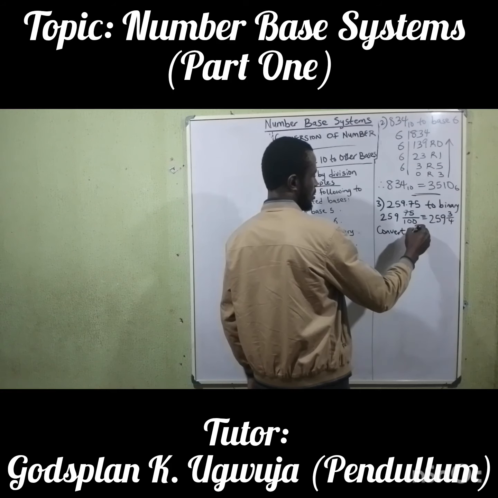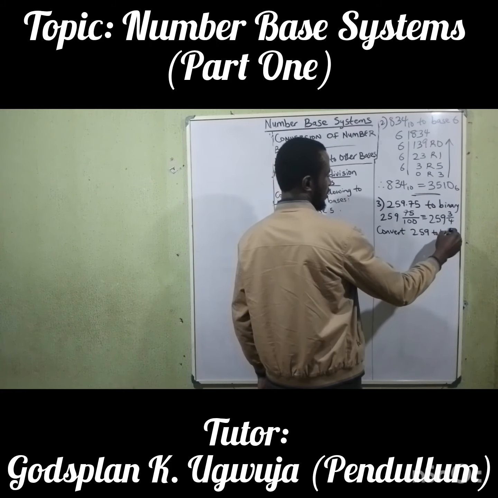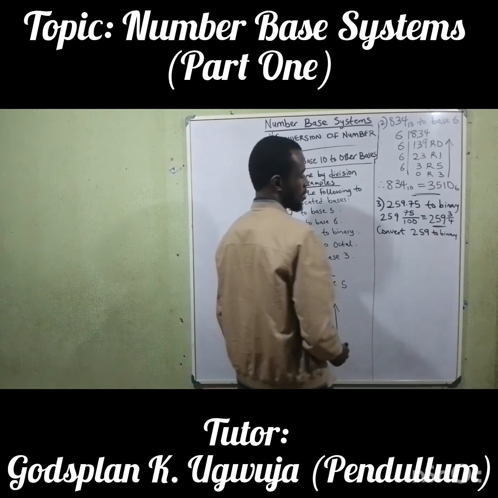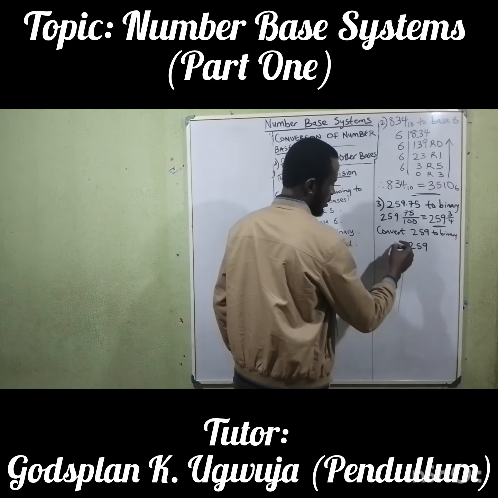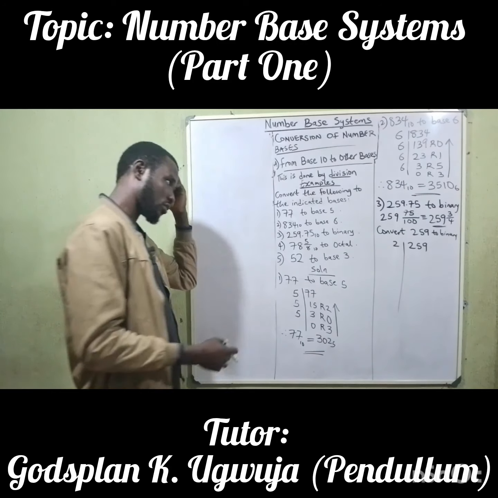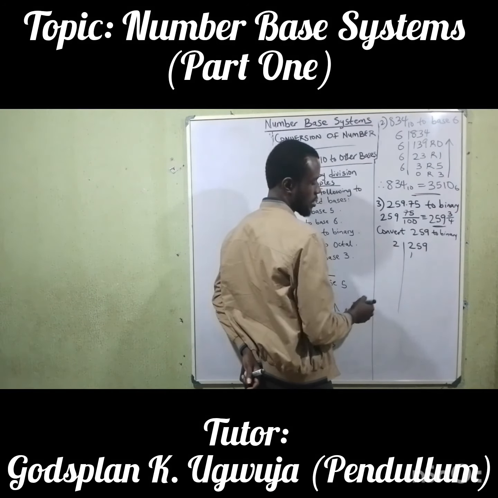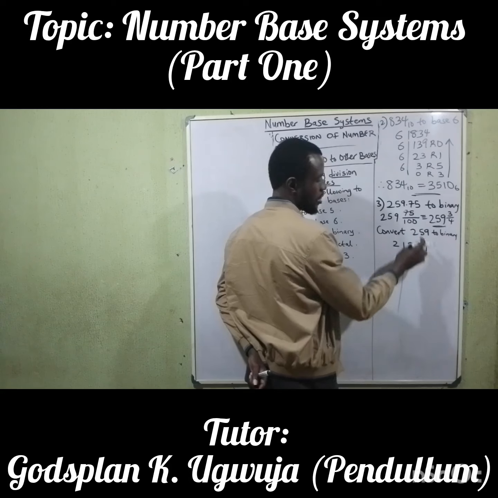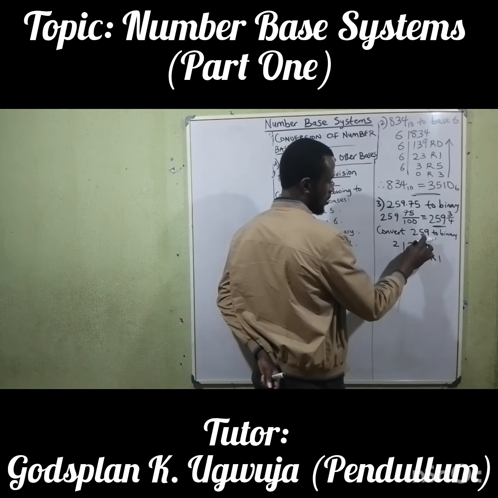Convert 259 to binary first of all. Okay, so let's do this one first. So we have 259. Binary is base 2, so it's going to be a long division. Division will be lengthy. Now 2 into 2, 1. 2 into 5 is 2, remainder 1. 2 into 19 is 9, remainder 1.